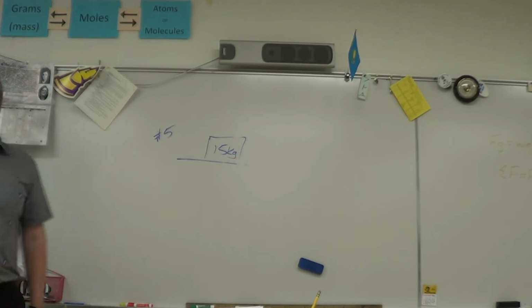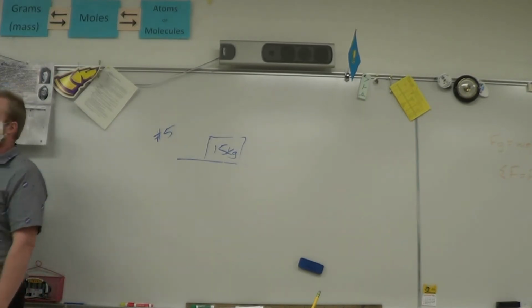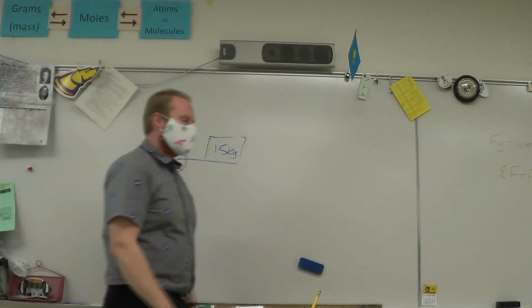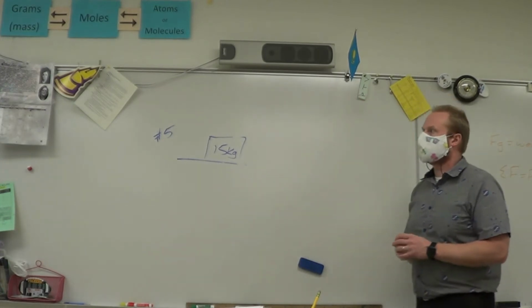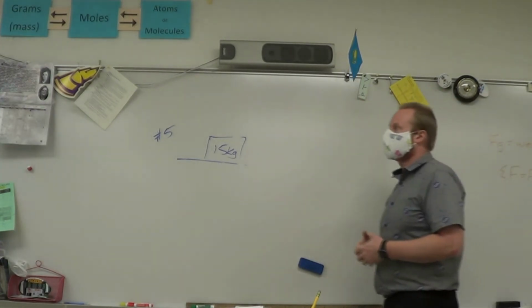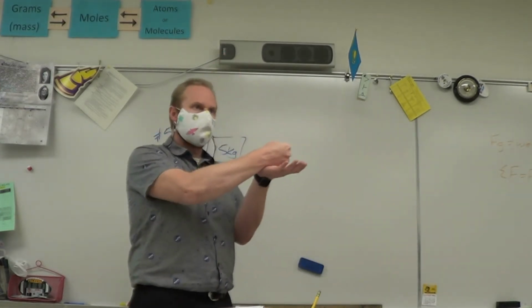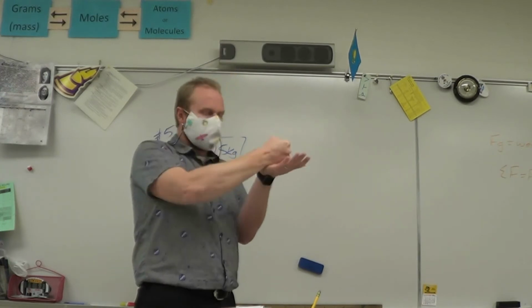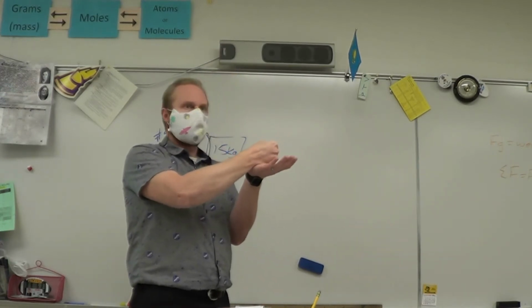All right, so let's take a look at in-class Unit 4. I want to talk briefly about number 4, and then we're going to do number 5 together. Question number 4 on in-class Unit 4, that's the name of the worksheet, says find the normal force acting on a 2 kilogram block sitting on a table. So if I have a 2 kilogram block sitting on a table, what forces are acting on that block?